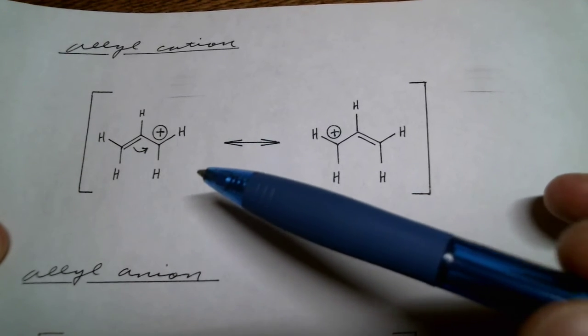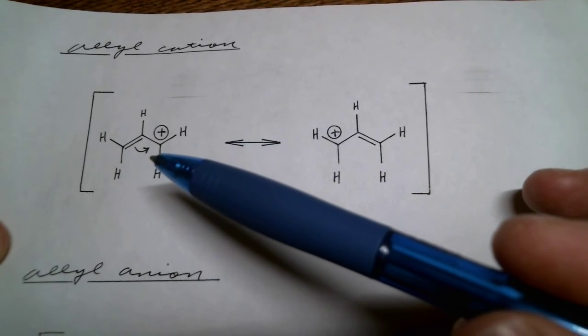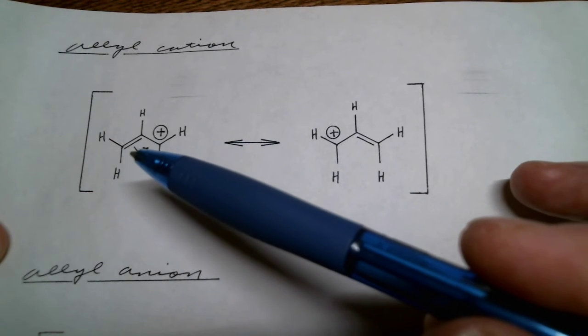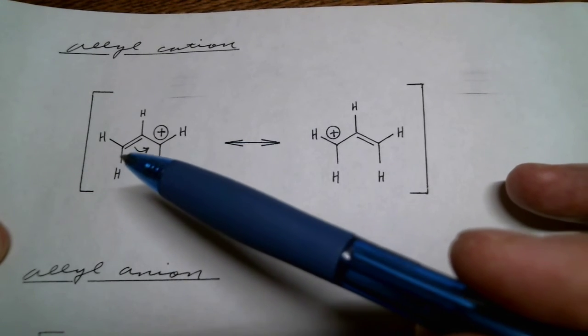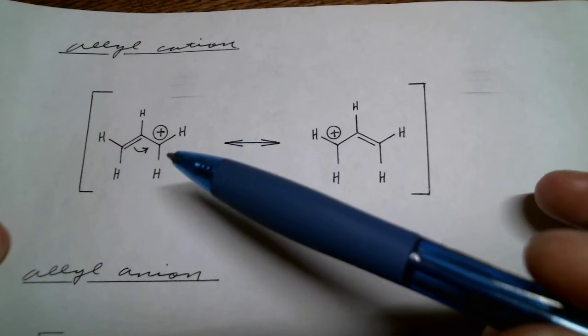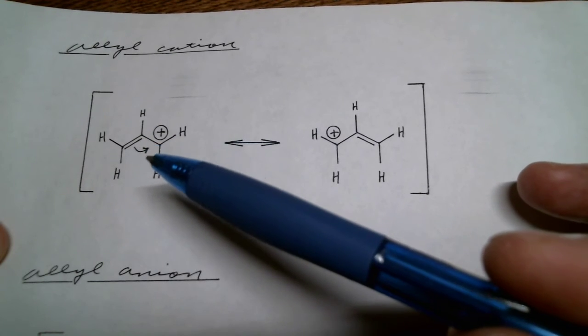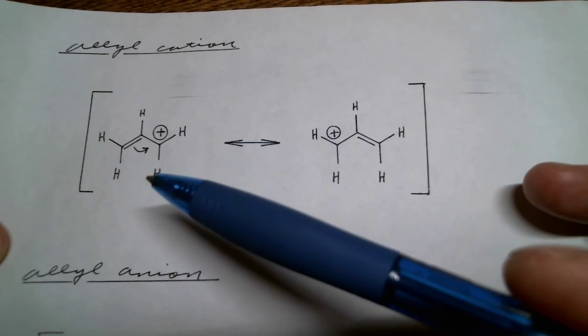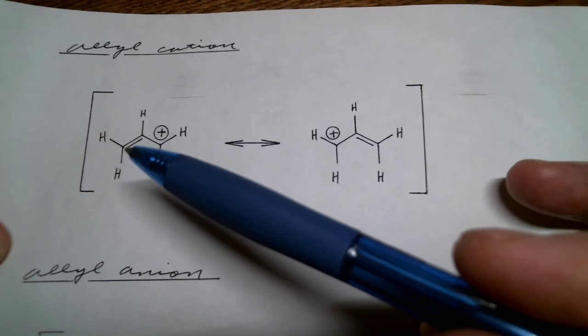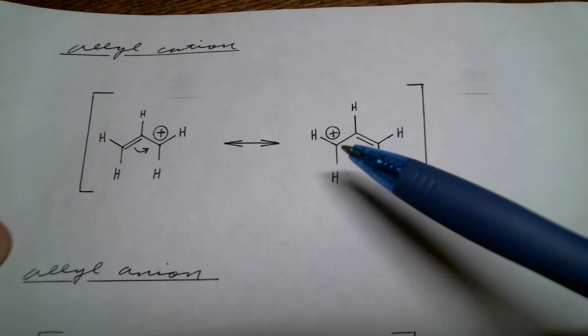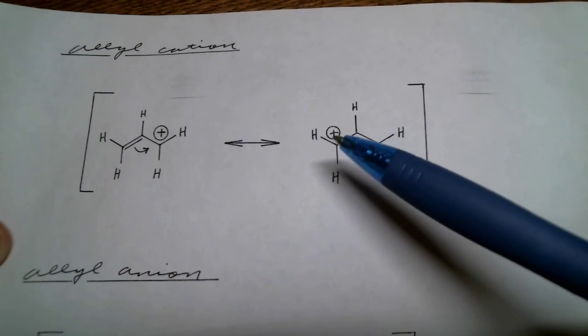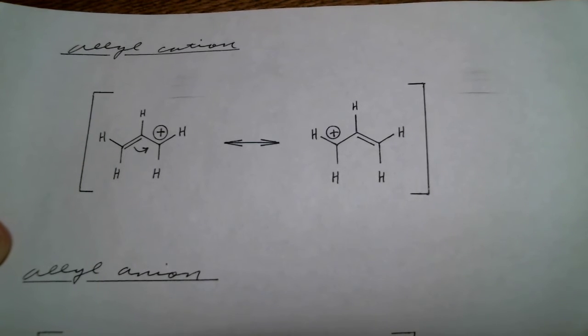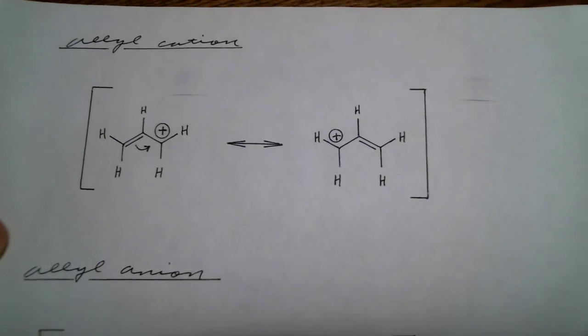Now we could create another resonance form by taking a double-headed arrow and pretending that we're moving these 2 electrons between maybe carbons 1 and 2 over to form a pi bond between carbons 2 and 3. Well, if we do that, we took them away from carbon 1, and lo and behold, now carbon 1 has a formal positive charge. There's our allyl cation.